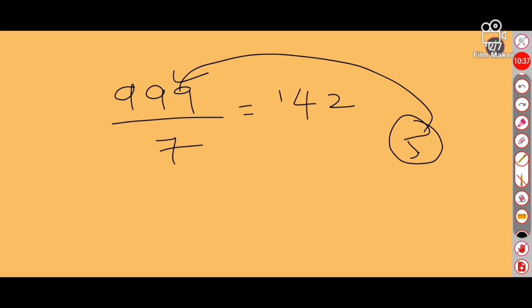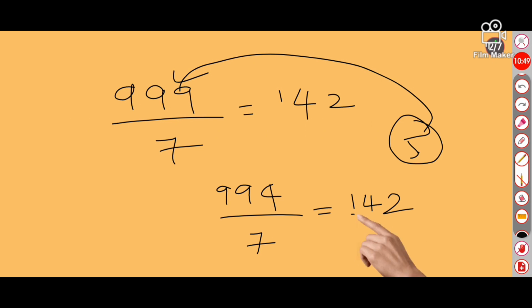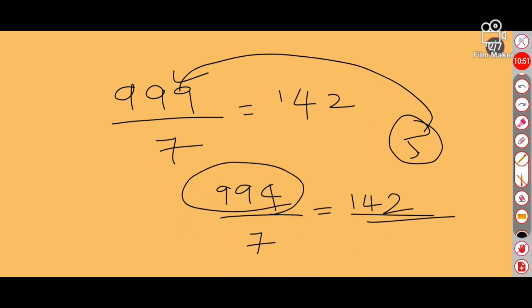So 999 minus 5 is 994, which is divisible by 7. Just check it out. So 994 is the highest 3-digit number which is divisible by 7, right?